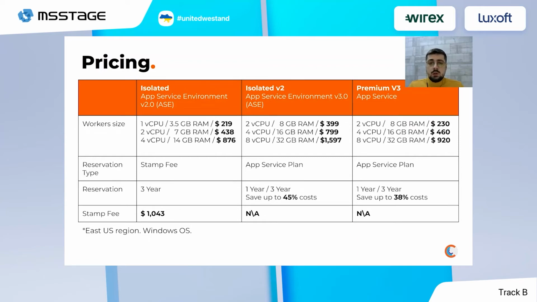Of course, Premium v3 looks cheaper than ASE, but you should remember that ASE is chosen primarily for isolated compute services and the ability to serve large scale and high load.